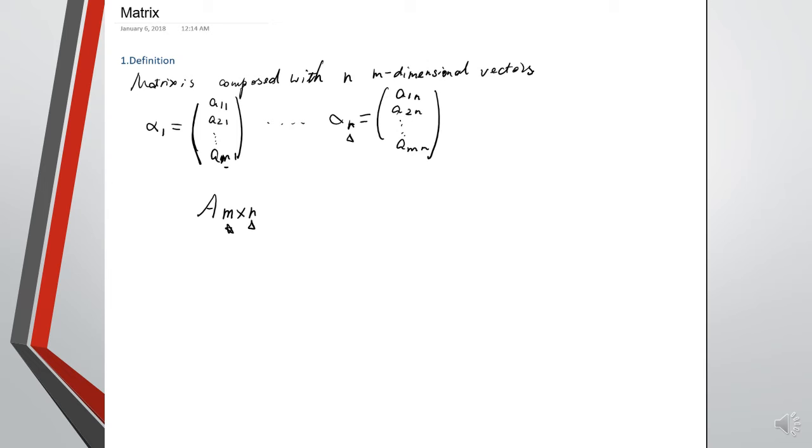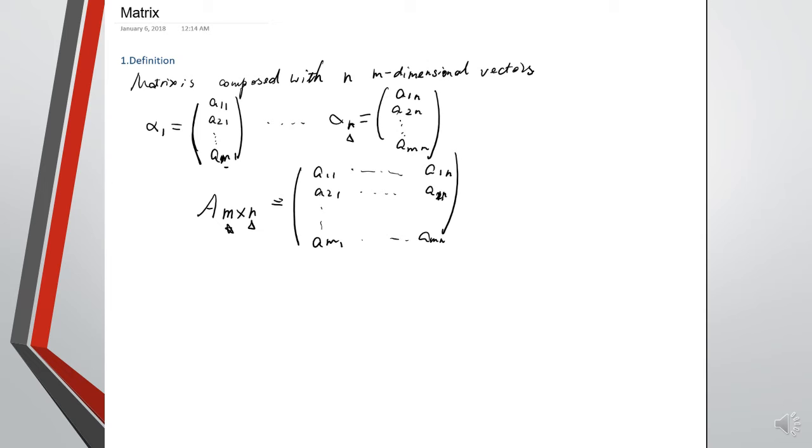So let's put everything together. We have a11, a21, all the way to am1. And for each row, we go all the way to the n subscript, a2n, and this one is amn.